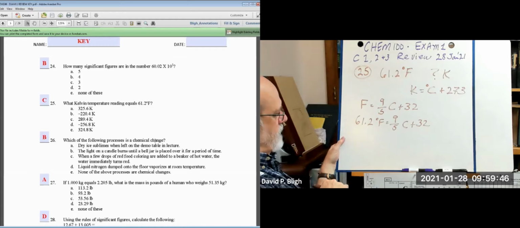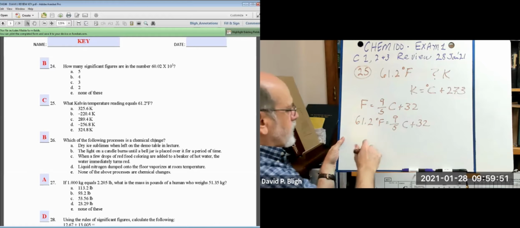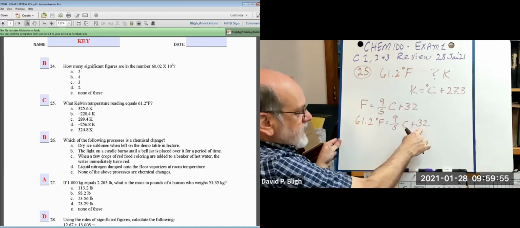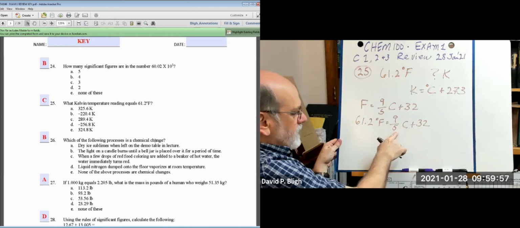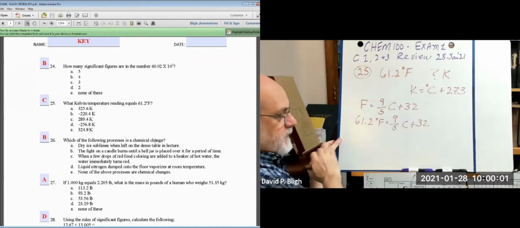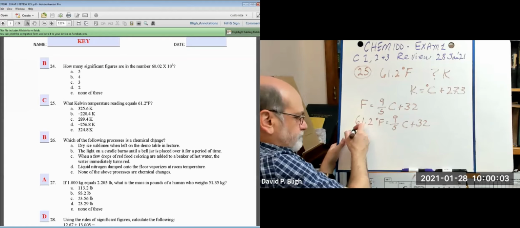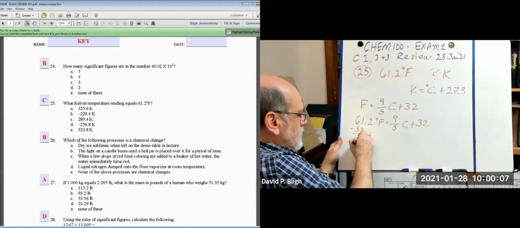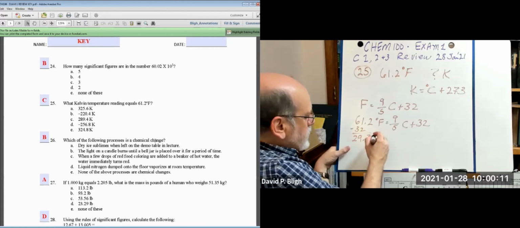That's 29.2. Remember, this is an exact number, that's an exact number, so we can keep all three of these significant figures. So minus 32 here would be 2, 9, 3 and 5 is 2. 29.2.